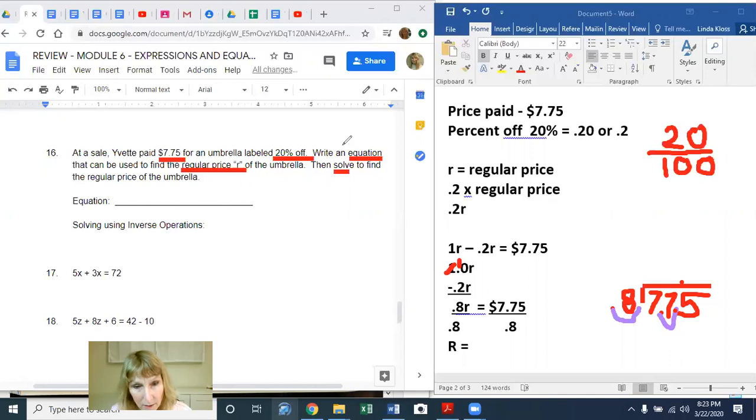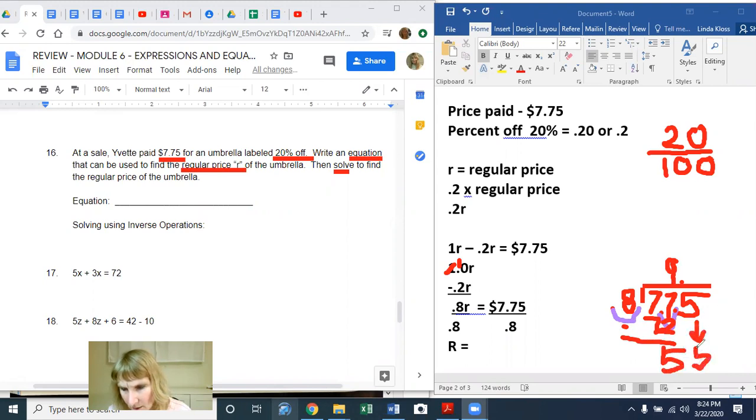And now I have 8 divided by 77.5. How many 8s go into 77? 9 times 8 is 72. I think I'm going to almost run out of room on the bottom here, but let's see. 77 minus 72 is going to give me 5, and then I bring down my 5.